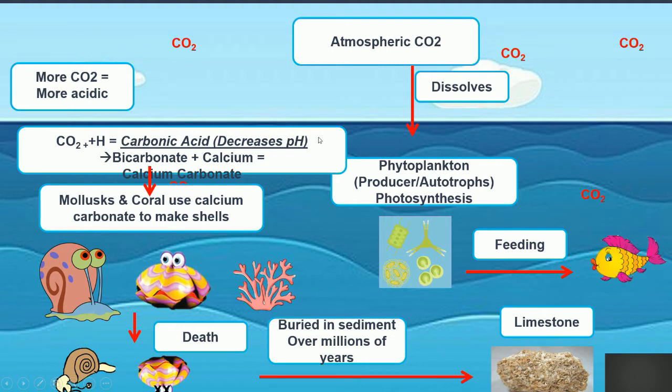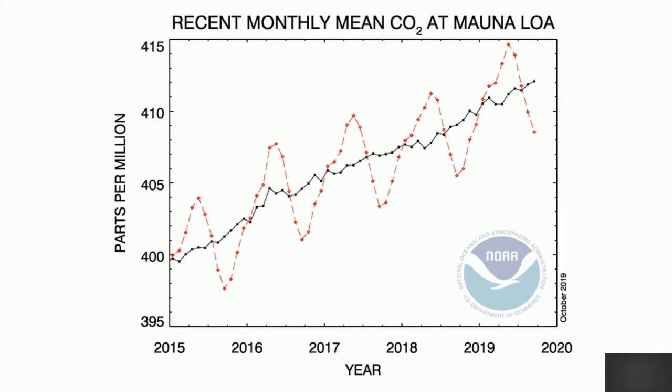It's going to decrease that pH, which is going to cause problems for our little mollusk friends, anyone who uses calcium carbonate to make those shells, because that decreased pH is going to dissolve those shells and make them more vulnerable to predators.